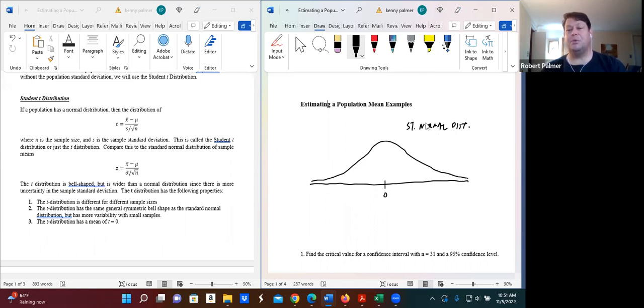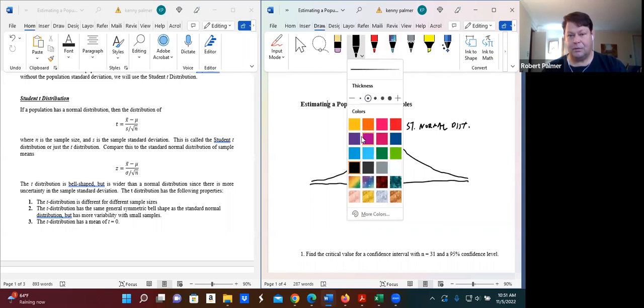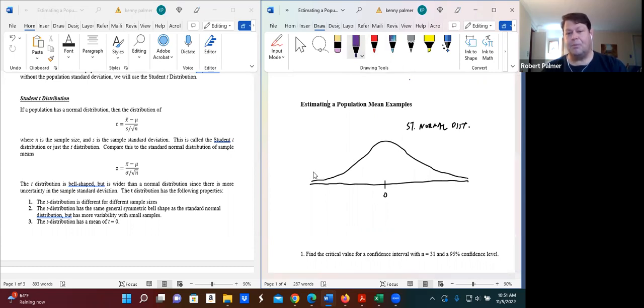So basically, on the same graph, imagine the standard normal distribution. And then if we also drew, in a different color, a similar t-distribution, it would look more like this. It might be peaked in a similar way, and it's still bell-shaped, but it has what are called wider tails.